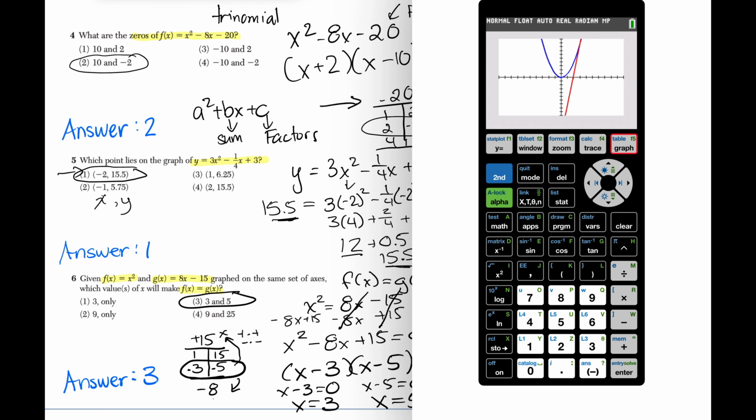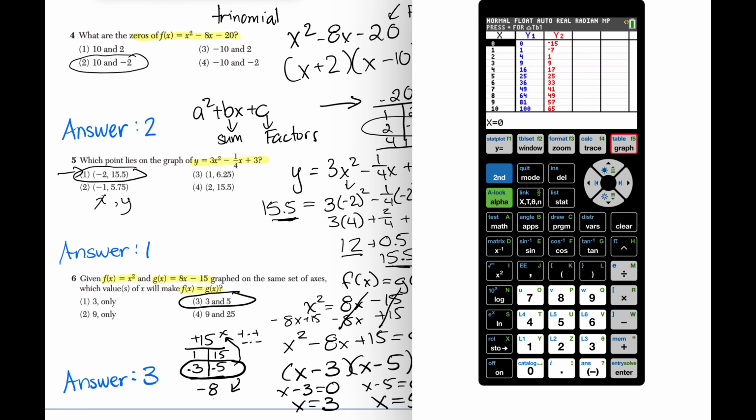So I'm going to want the table, and on the table you're going to look to see where you find the value of x where they both have the same x and y. Like, where do you see it in both? So I'm going to move over and I'm looking for where my y's are the same, and here you have it. When x is 3, they both get a 9.